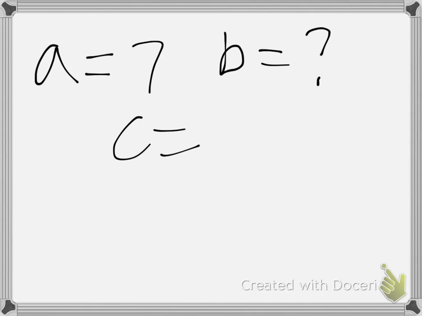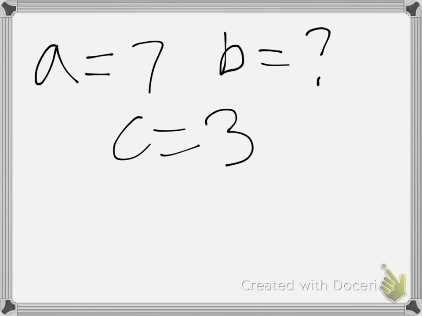Now, one last problem. We're going to have to solve for B this time. So, let's say A equals 7. B equals question mark, because why not? And then C equals 3.